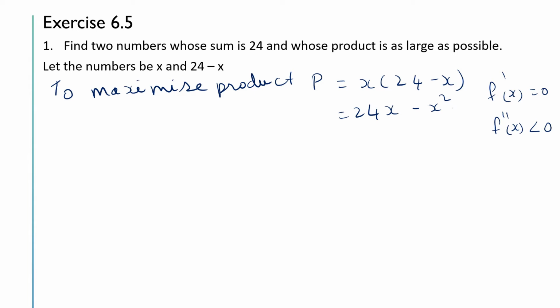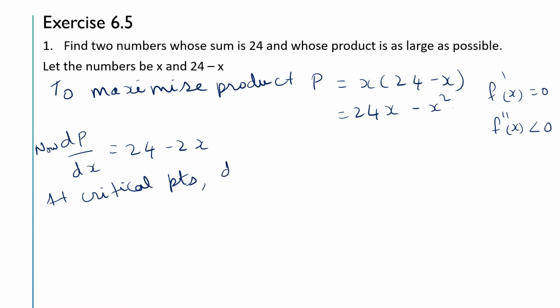So similarly here also, first we will find dp by dx. So dp by dx is 24 minus 2x. Now we know that at the critical points, dp by dx equal to 0, or we have 24 minus 2x equal to 0.